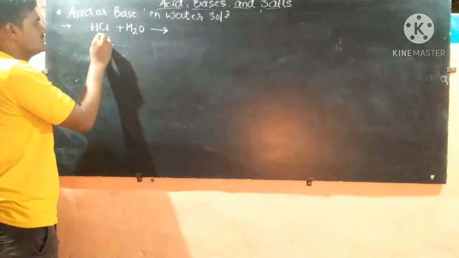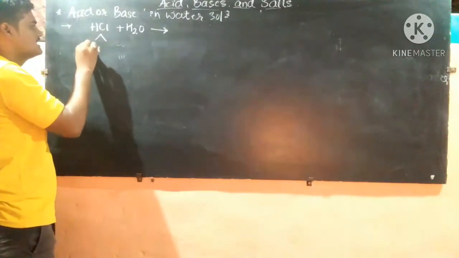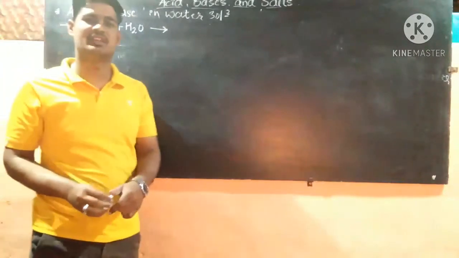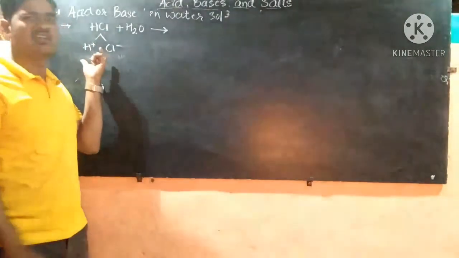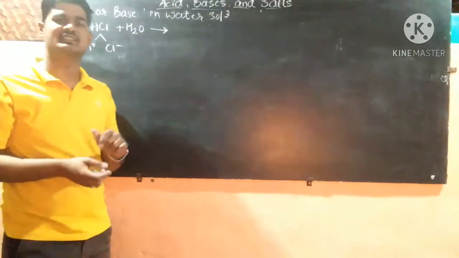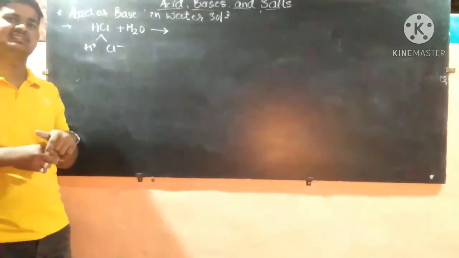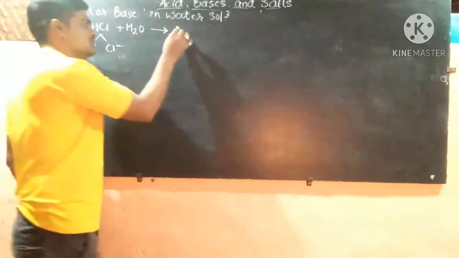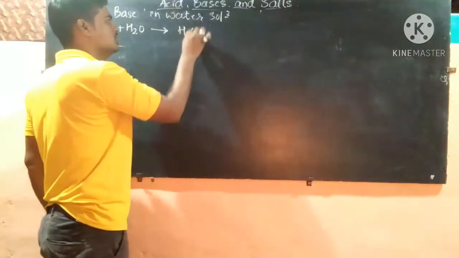This HCl is going to split into H plus and Cl minus, and one point we should remember is that H plus ion is always combined with the water, not existing as an H plus ion; it will exist as an H3O plus ion, that is hydronium ion.